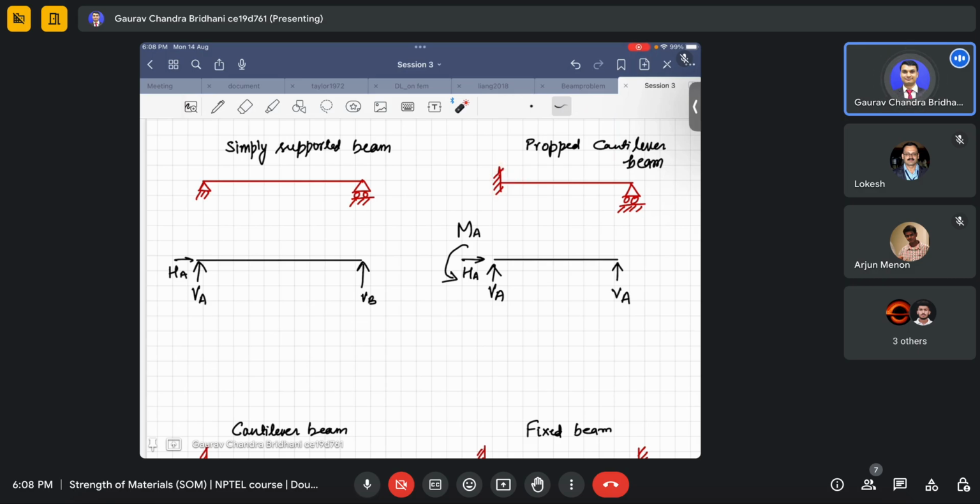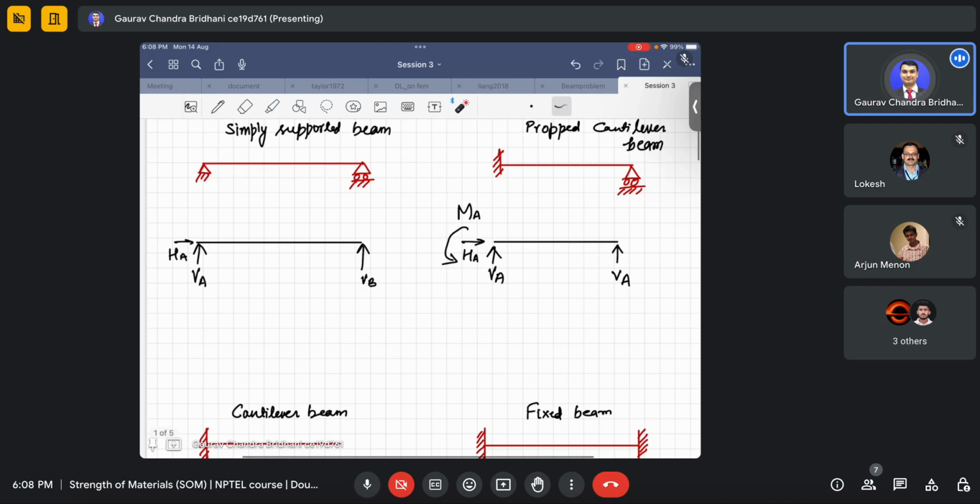To learn it properly I am doing it, because when we go for SFD, BMD, it is very important to understand this. Again, if there is no horizontal force in the beam, only vertical force is acting, we can make this component 0. We can live happily with MA, the moment, VA, and VB, the vertical component at B.